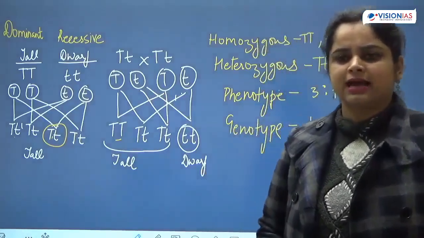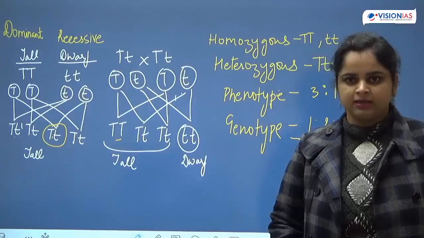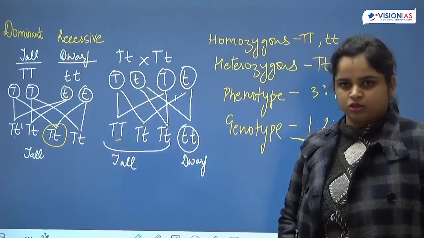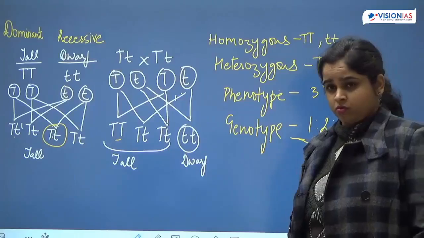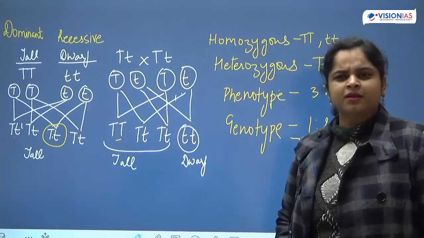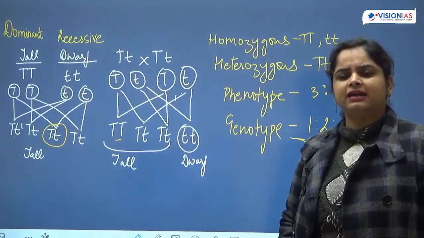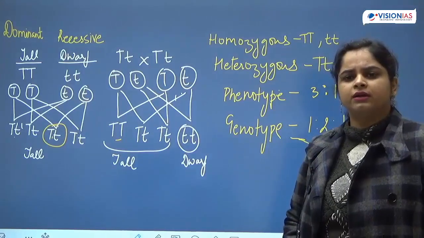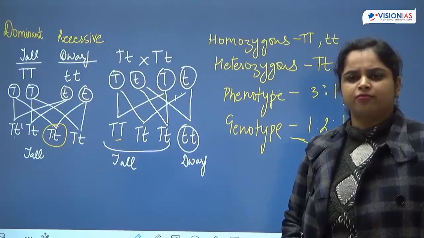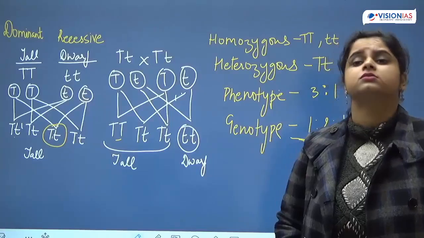Sonam has asked, capital T and small t is coming from 2 different individuals. If so, then why not T and T instead of T and t? My question is that any individual has 2 chromosomes of tallness.